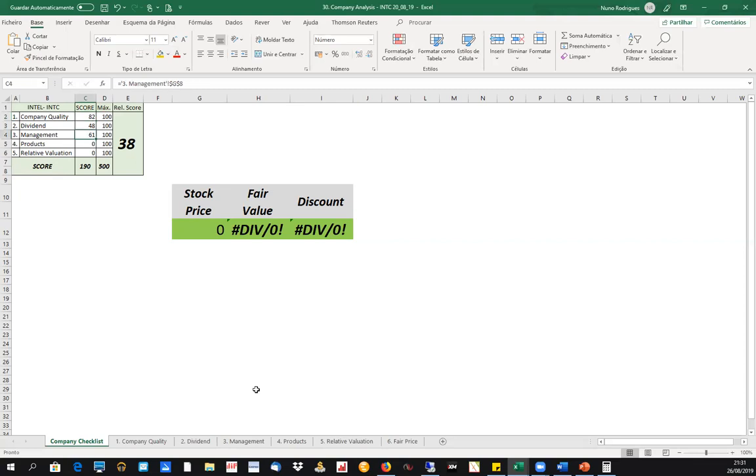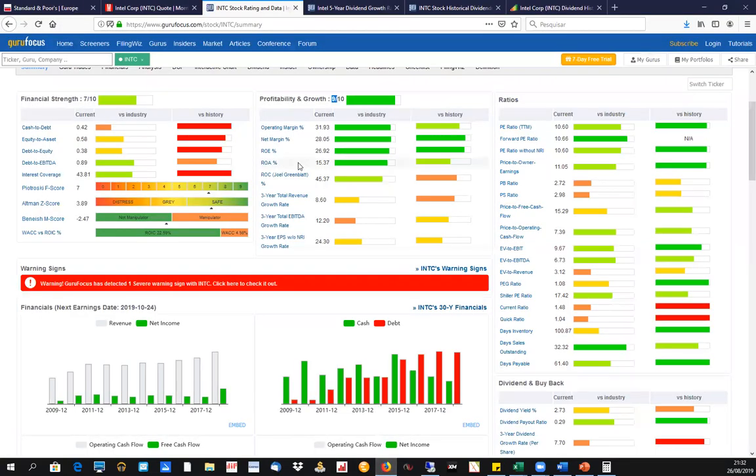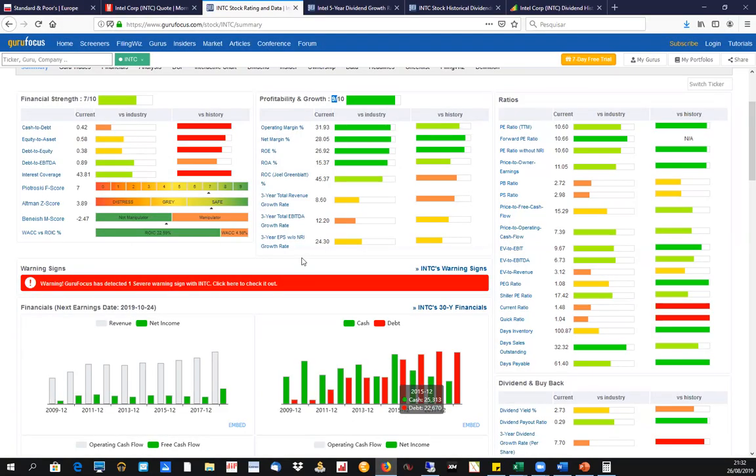Now let's take a look at products. Let's start with 3-year total revenue growth. The 3-year total revenue growth rate is 8.6.